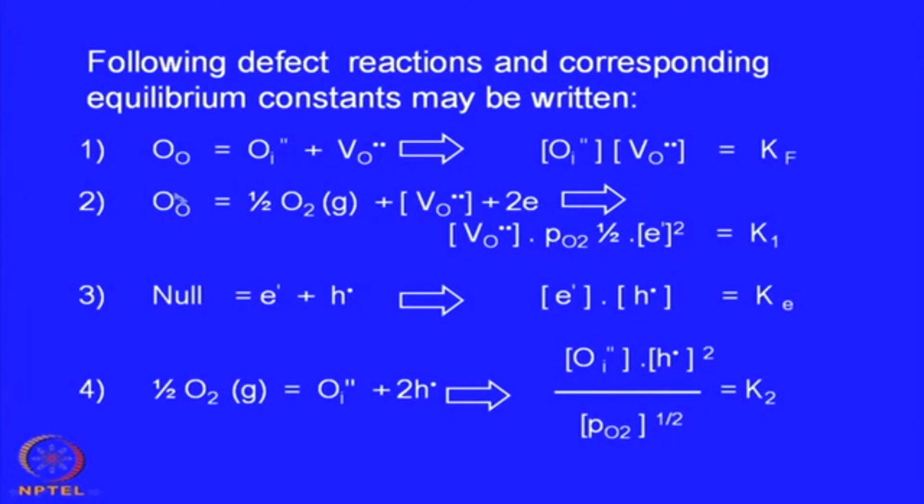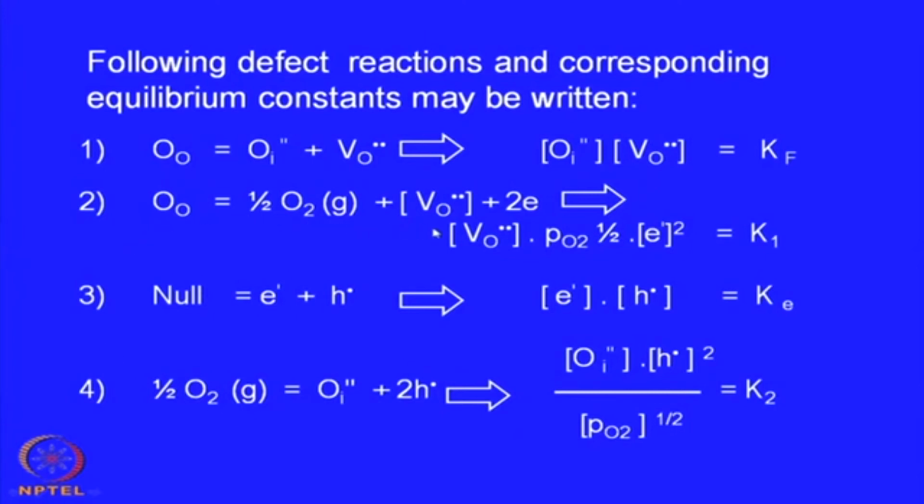This concentration is always 1. So, we define another equilibrium constant K1, this is Kf, this is K1. In fact, F stands for Frenkel, although it is anti-Frenkel. And then we can have, well, before that we can also consider this.